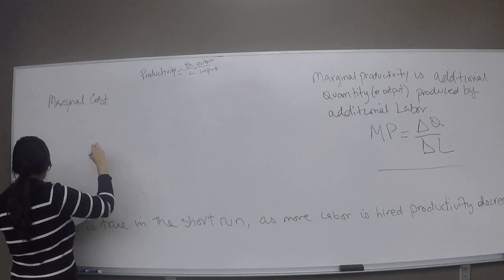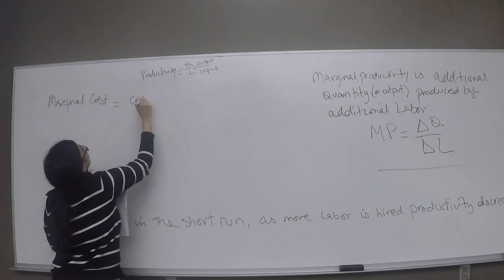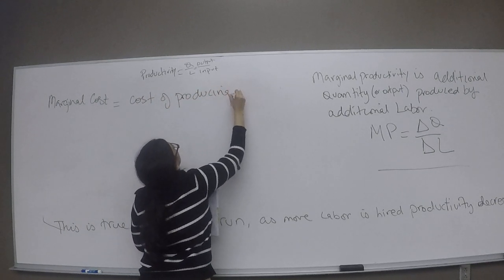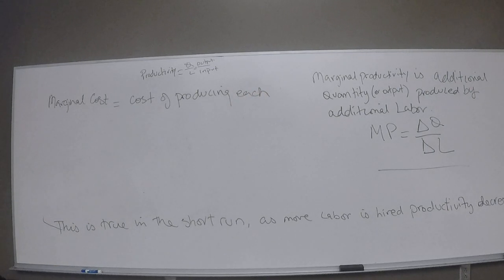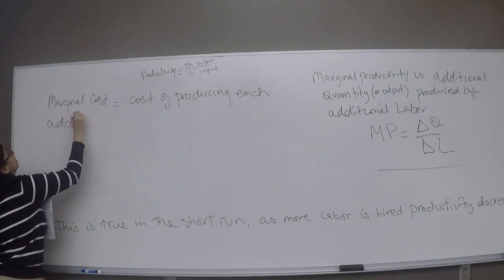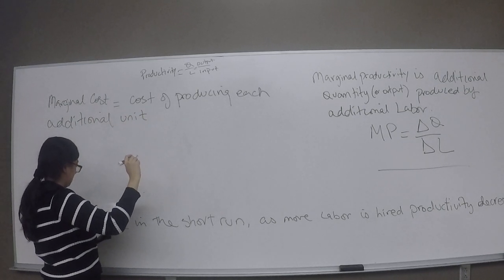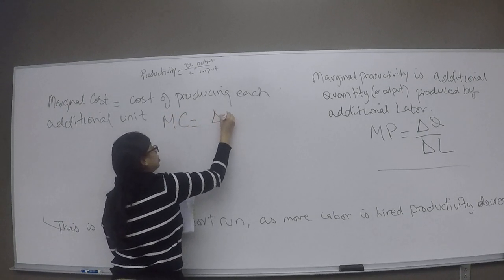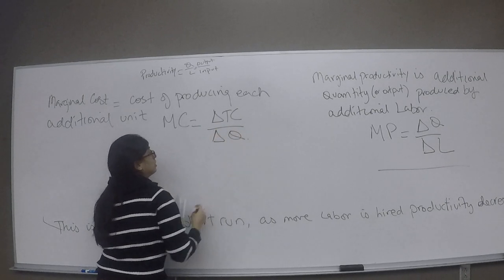Marginal cost is the cost of producing each additional unit. Marginal cost is equal to change in total cost divided by change in quantity.